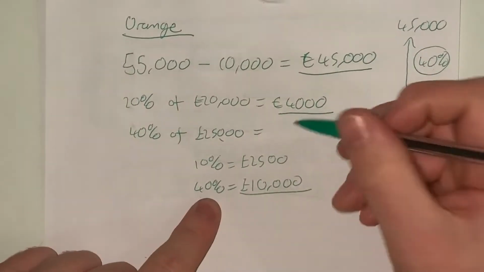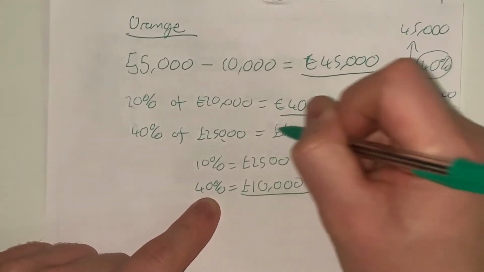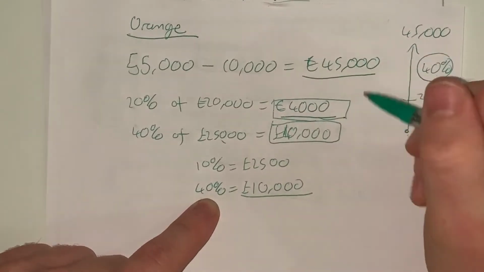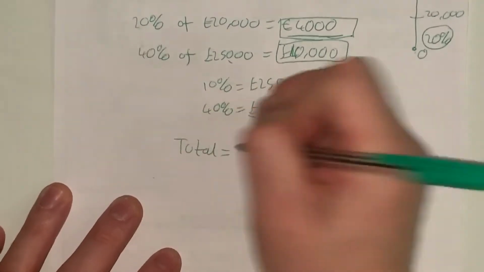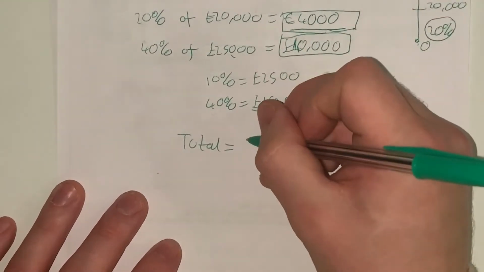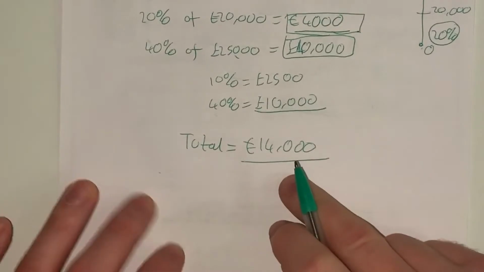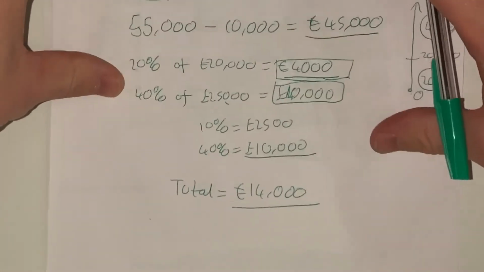Okay, so 40% is £10,000 by here. So now all I need to do is add the 10 and the 4. So the total for this one, hopefully I can spell it right this time, is going to be the 10 and the 4, which is 14,000.